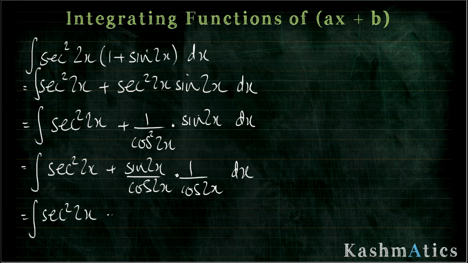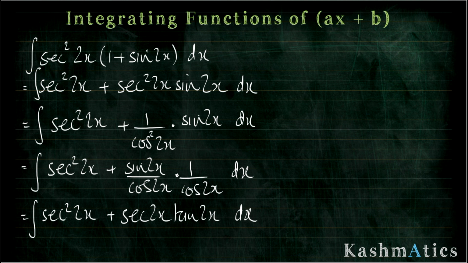Okay, so the first term, keep it as it is. This is tan 2x. And 1 over cos 2x is sec 2x. So tan 2x, sec 2x, which I'm just going to write the other way around. So sec 2x tan 2x dx. Okay, now the reason why I've done that is because this is a standard integral, isn't it?